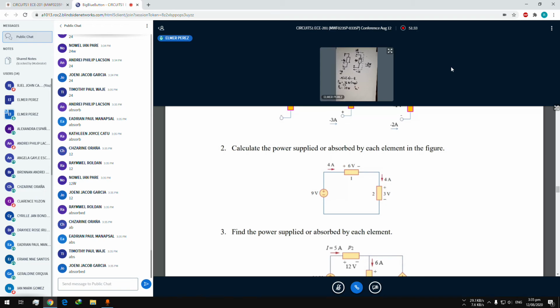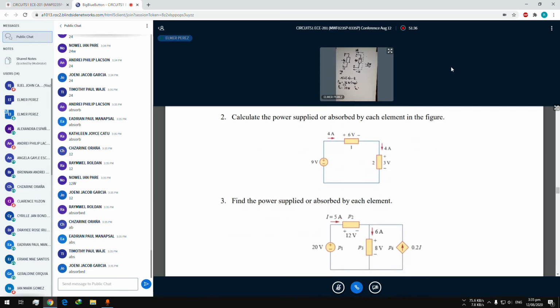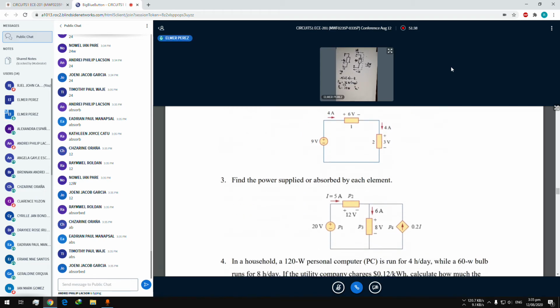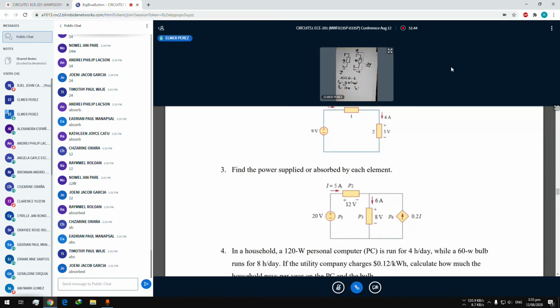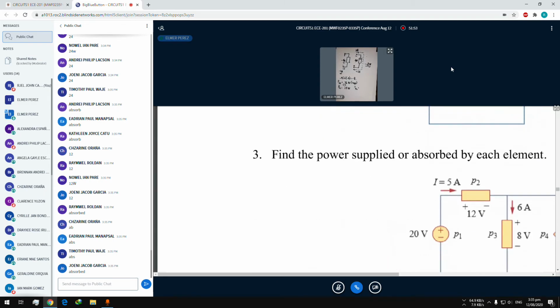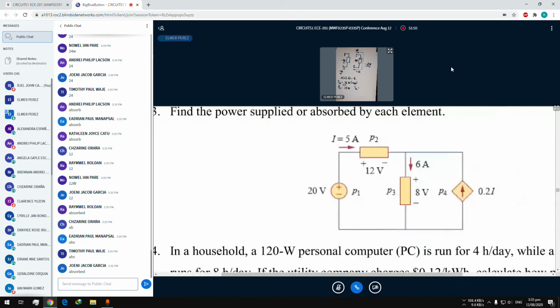Last one, kasi magta-time na pala. Ganito to. Okay, so nandito naman ay, isusum ko ng konti. Ayan.